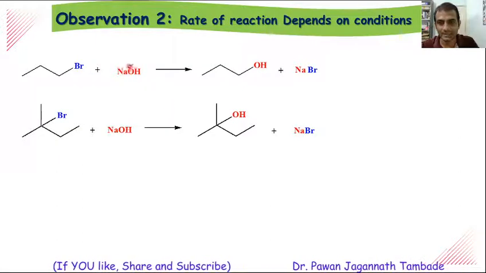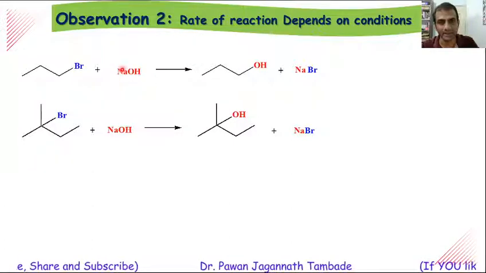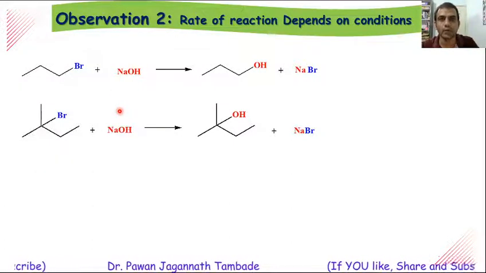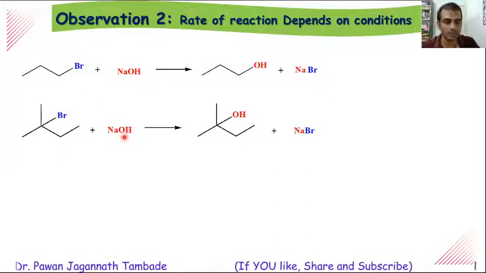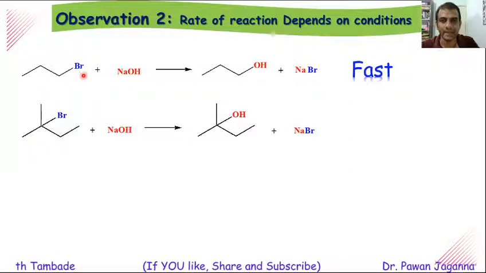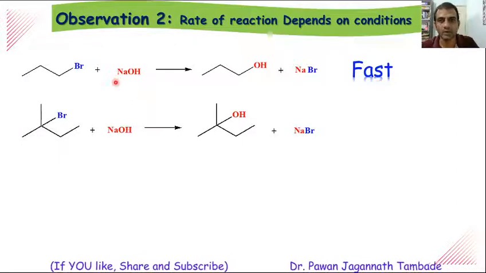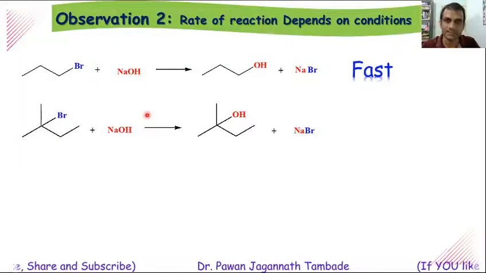But in these two examples, the nucleophile which we are using is OH minus, and OH minus is a strong nucleophile as compared to water. In these particular examples, it has been observed that in case of primary alkyl halide, the rate of reaction is fast, which was slow when we were using water as a nucleophilic species without base.